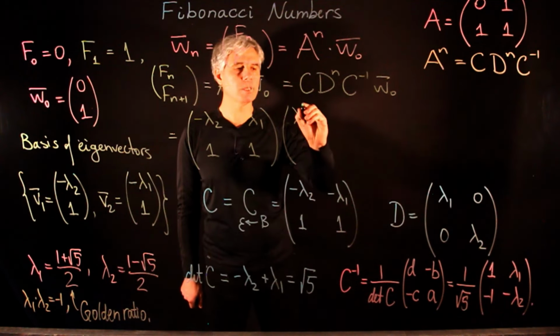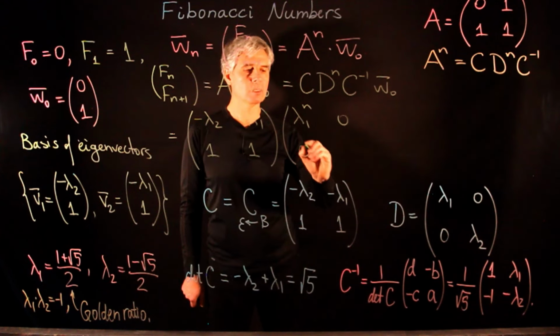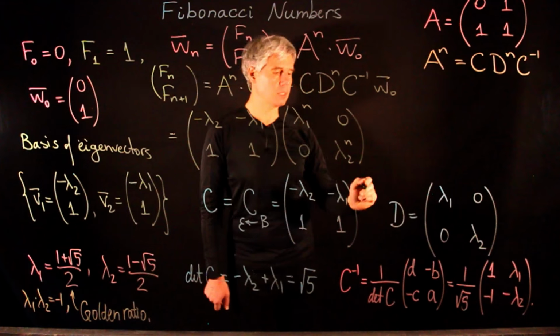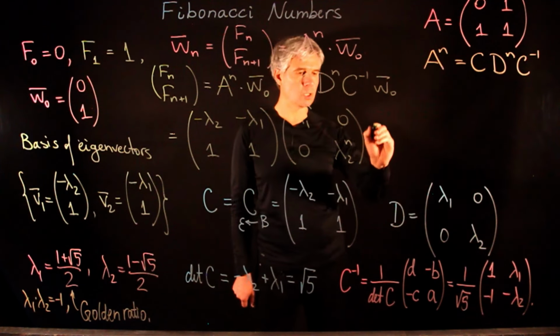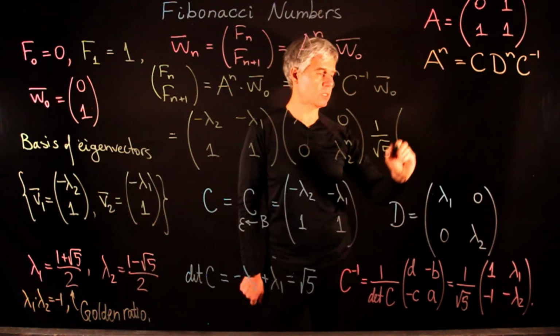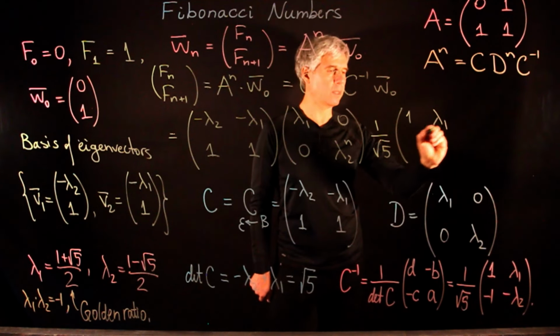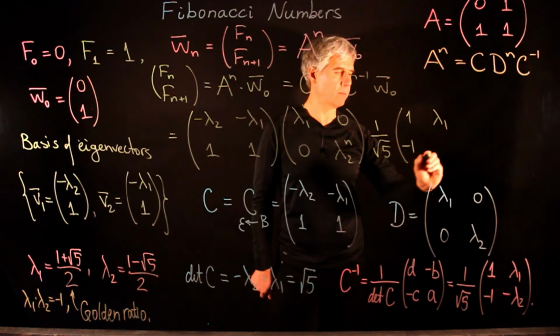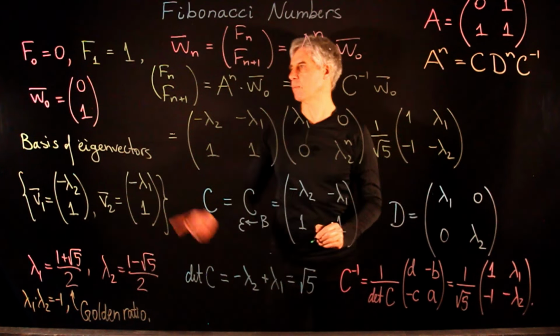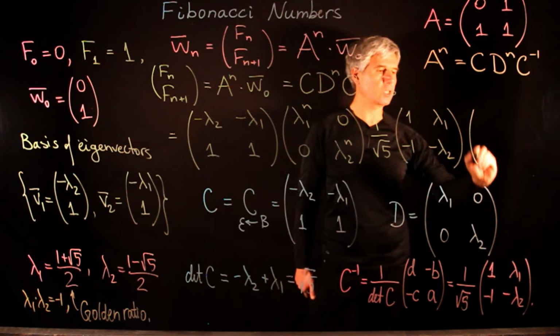So this is lambda 1 to the power n, 0, 0, lambda 2 to the power n, times C inverse, which is 1 over square root of 5, times the matrix 1, lambda 1, minus 1, minus lambda 2, times the vector w0, which is 0, 1.